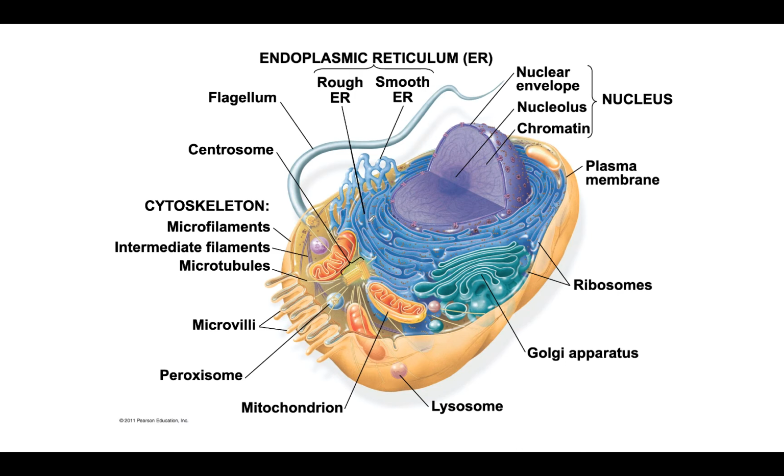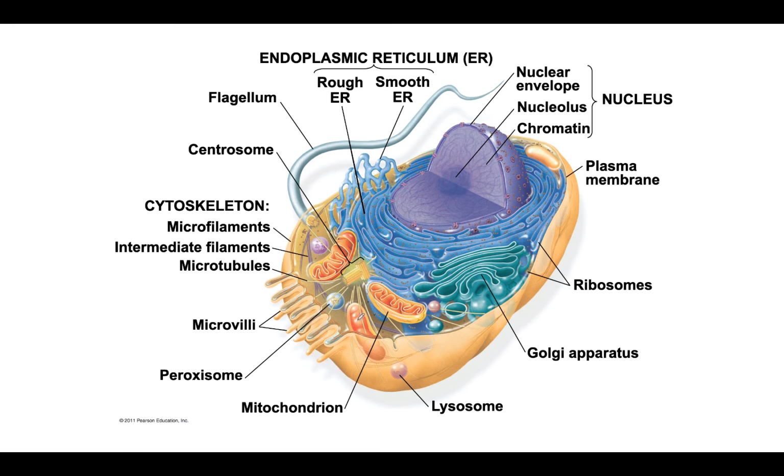Outside the nucleus, there are several organelles surrounded by a membrane-bound system. In the cytoplasm, you can see the small dots, ribosomes, and Golgi apparatus, endoplasmic reticulum, mitochondria, lysosome, and peroxisome.